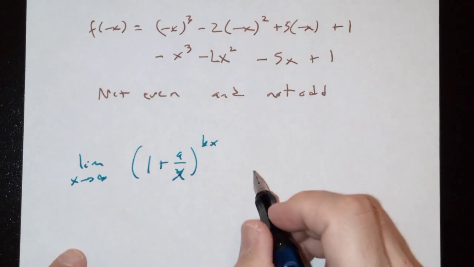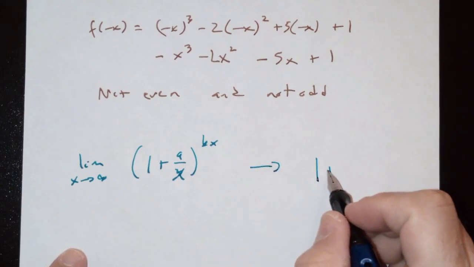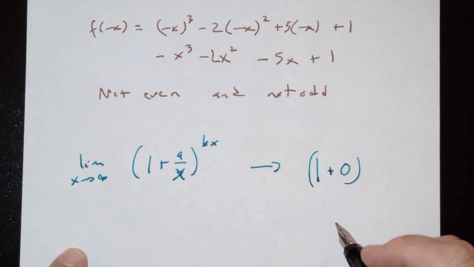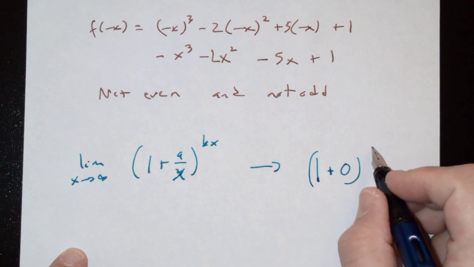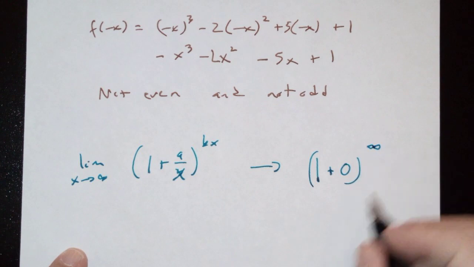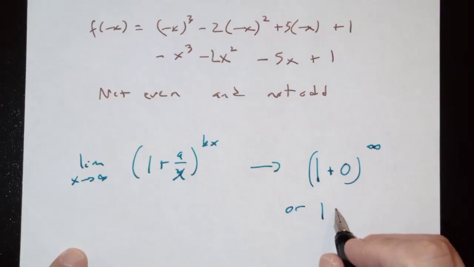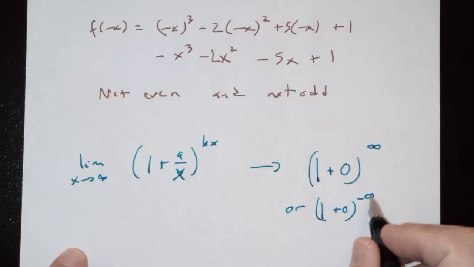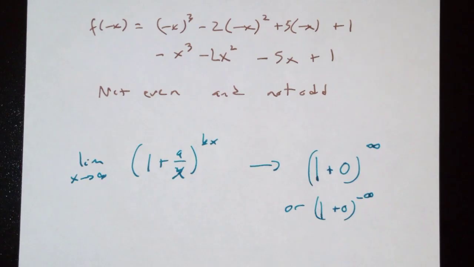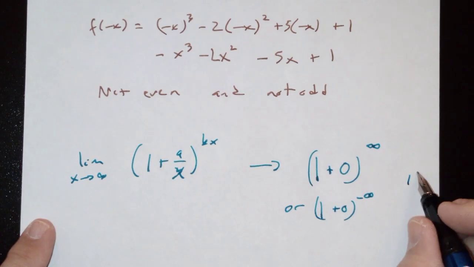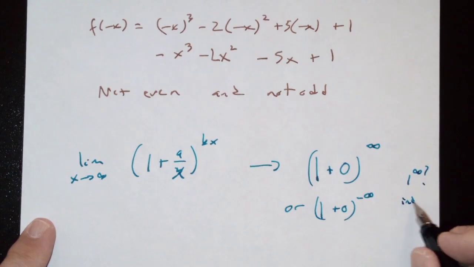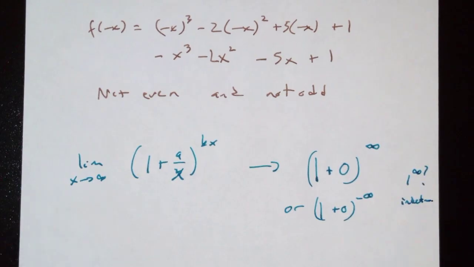So this is going to go to 1 plus 0, either to the positive infinity or negative infinity, right? In either case, that's an indeterminate form. And that's why I need my L'Hopital's rule game. Because this is an indeterminate power.